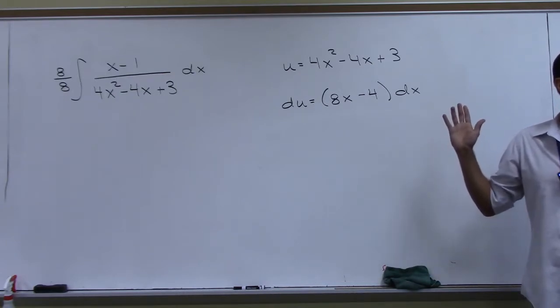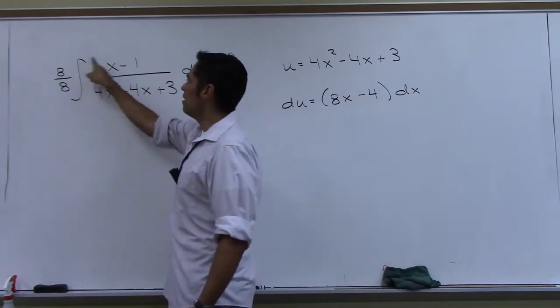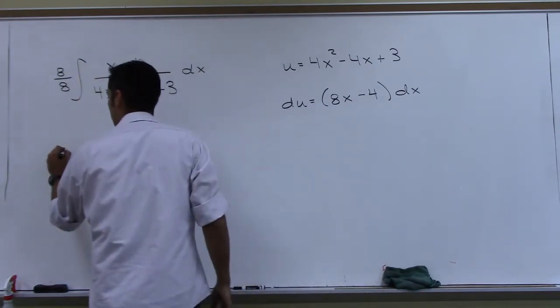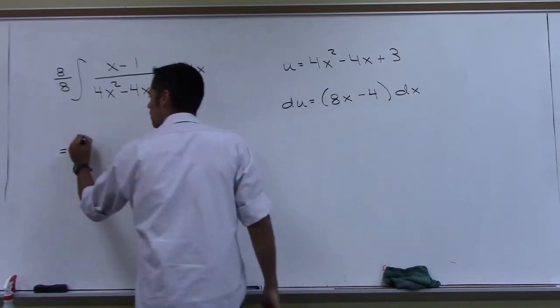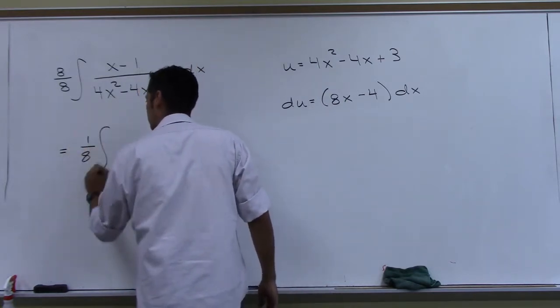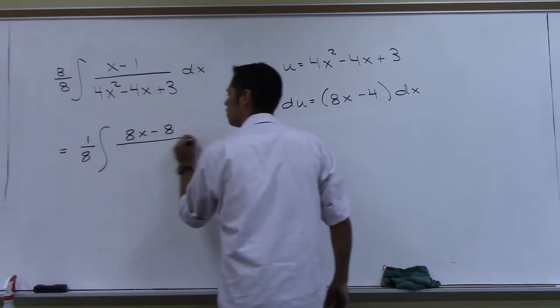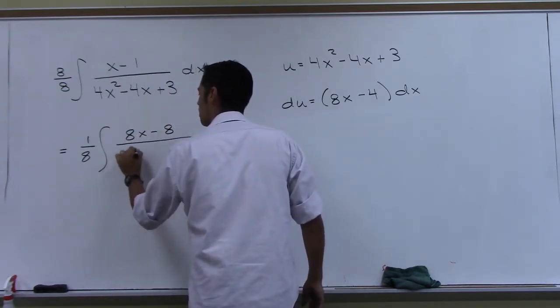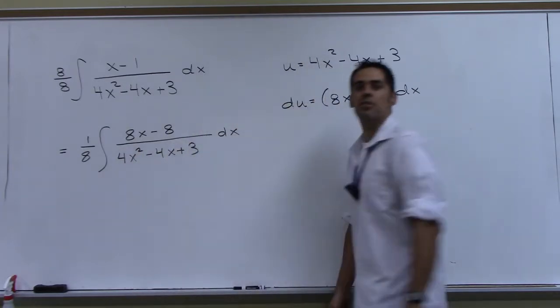Yes? That's a 1. Doesn't change the problem. But I'm going to take this 8 and distribute that 8 through. What about the 8 on the bottom? Just leave it outside. So it'll be a 1/8 now. Integral 8x minus 8 over 4x squared minus 4x plus 3 dx. Any questions?